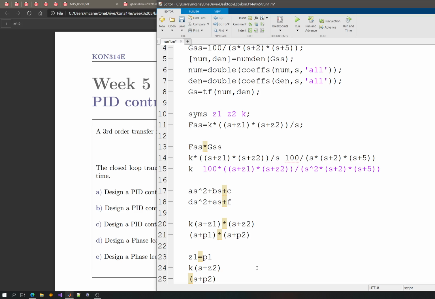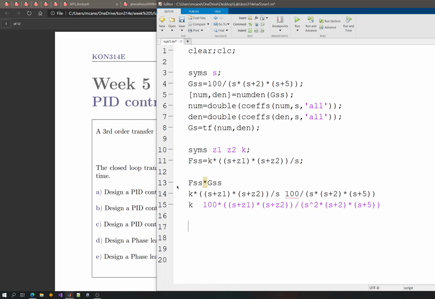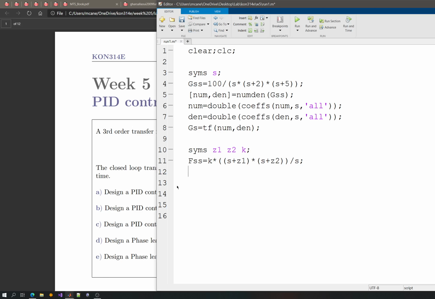But choosing one pole or zero of the system and using the controller to cancel that out might be a good idea. So what I mean by that is, basically, you can see that I have the system here. And it has poles at the origin, at -2, and at -5.